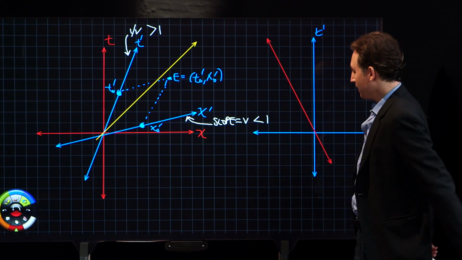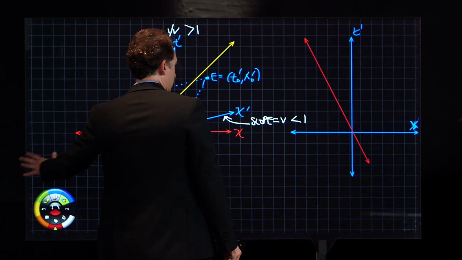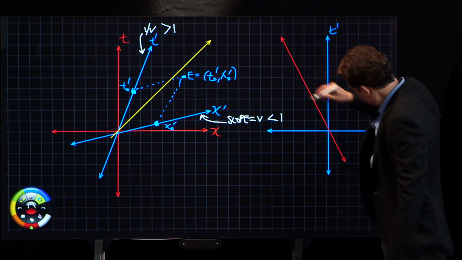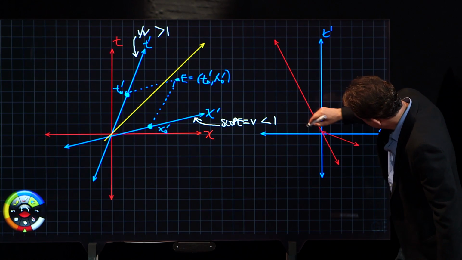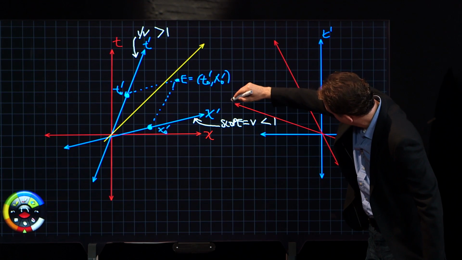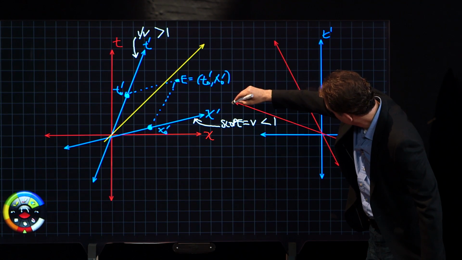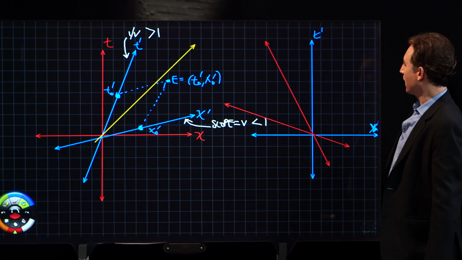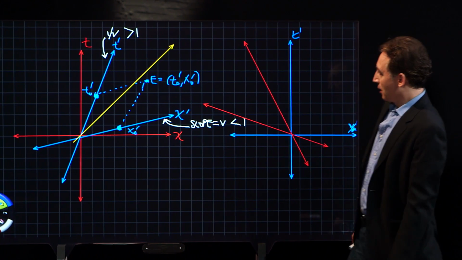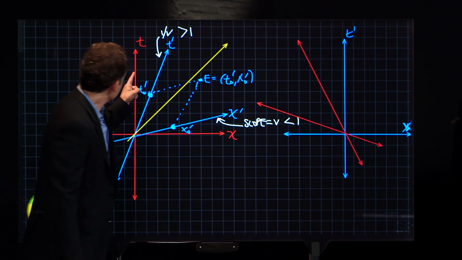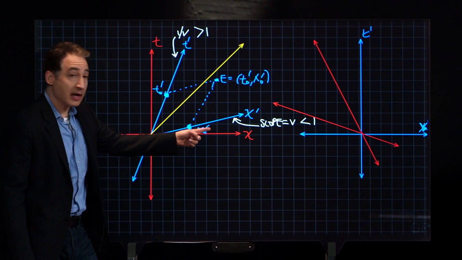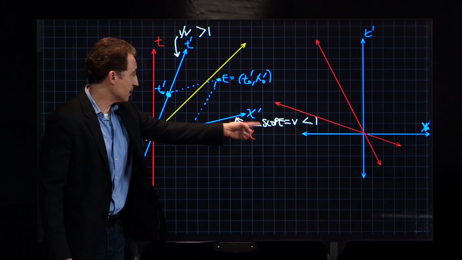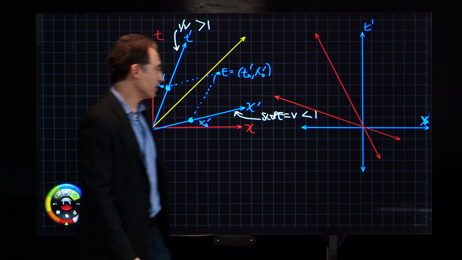So this will now be the t-axis, and to draw the x-axis, we just, again, take things nice and symmetric about the light trajectory, which would be at the 45-degree angle. Again, as over here, the angle that we have here will always equal the angle that we have over here because of the way the slopes work out relative to the velocity.